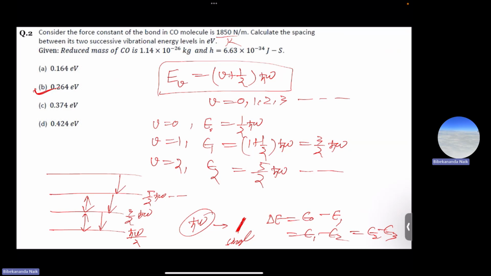So only one vibrational spectrum is observed, since the vibrational energy levels of a harmonic oscillator are equally spaced.